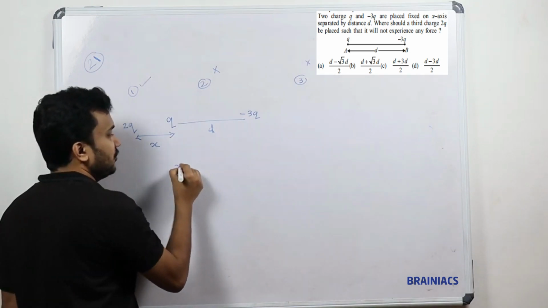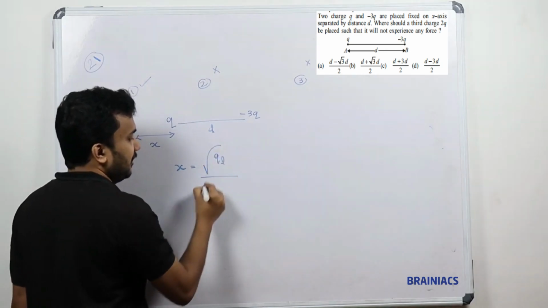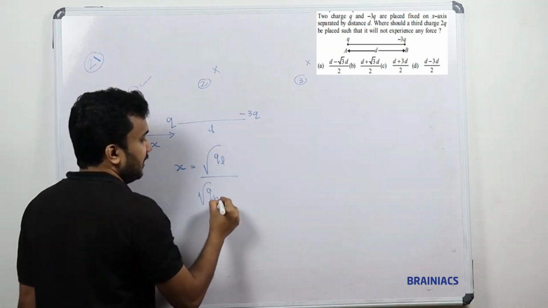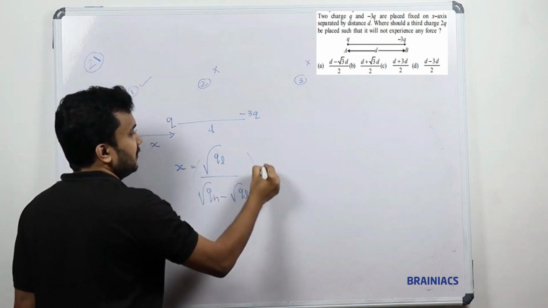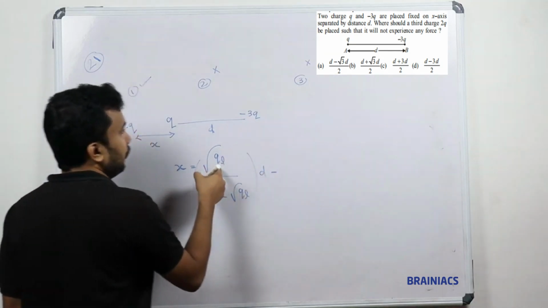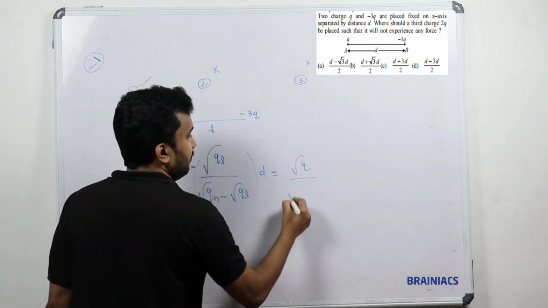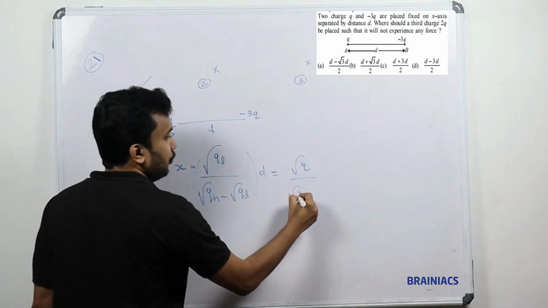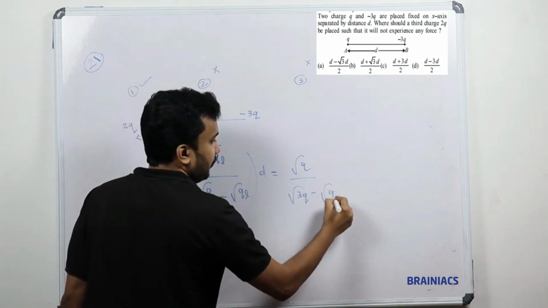If it is opposite charges, the formula is root of Q low divided by root of Q high minus root of Q low, into the total distance d. This is the formula we have learnt. What is Q low? Q low means this charge Q. So root Q divided by root of Q high, that is 3Q, minus root of Q.